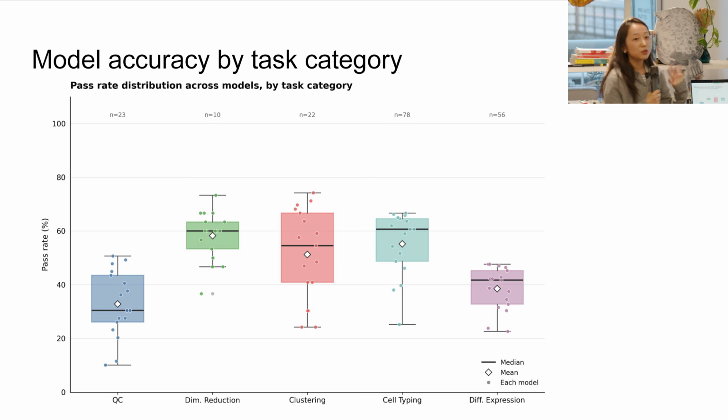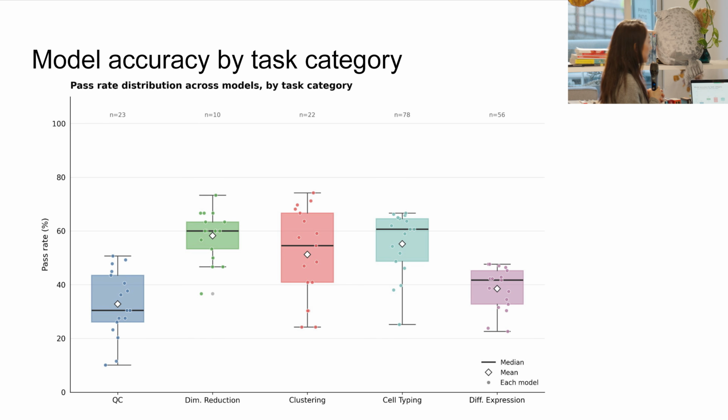Okay, so those two examples show that there is a lot of overrepresentation of these 10x Chromium or Seurat single cell ScanPy-based tutorials, which influence the choice of, for example, QC. So now we look into the accuracy breakdown by task category.